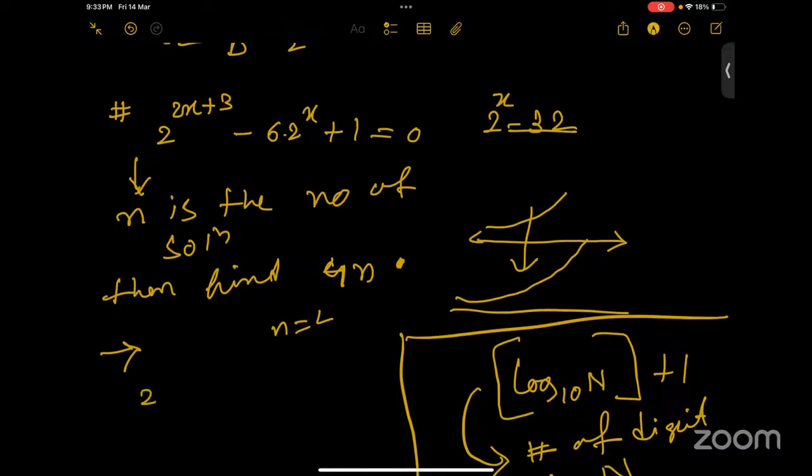So we have 2 power 2x plus 3 minus 6 into 2 power x plus 1 equals 0.